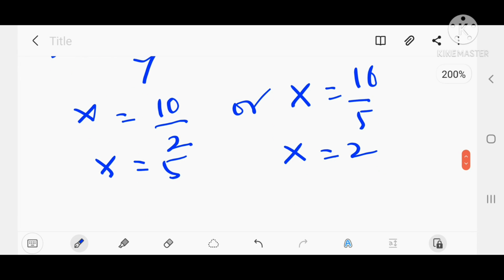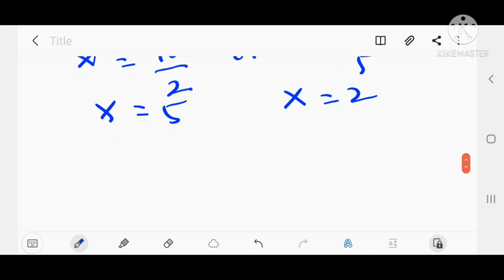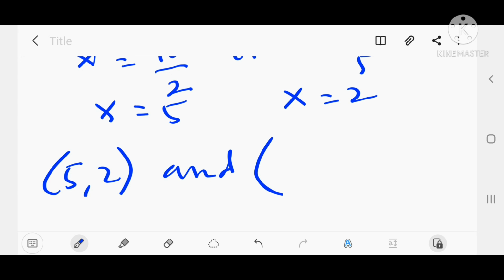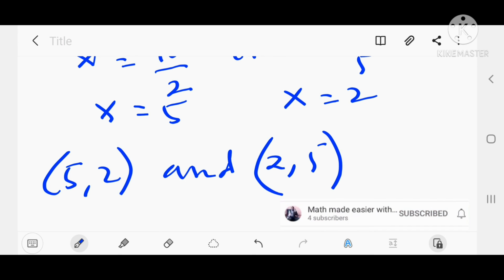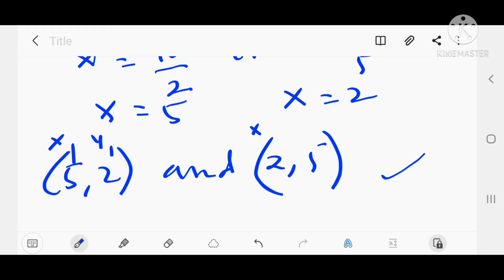So the values for x and y are 5, 2 and 2, 5. These are the two pairs of values for x and y. When x is 5, y is 2, and when x is 2, y is 5.